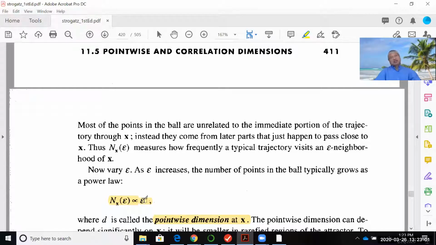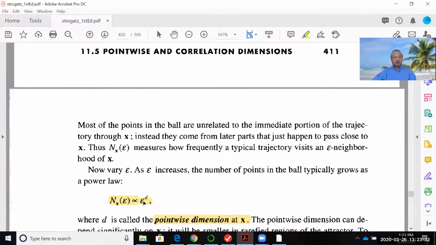Now when we say we count how many members are in the object, the member itself is kind of difficult to define. For the infinite case, of course, in principle we need to count things down to infinitesimal scale. But numerically, of course, we can only count things of finite size. So this scaling only works for epsilon larger than a certain minimum number.